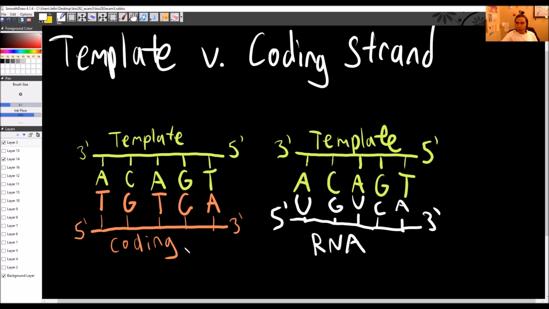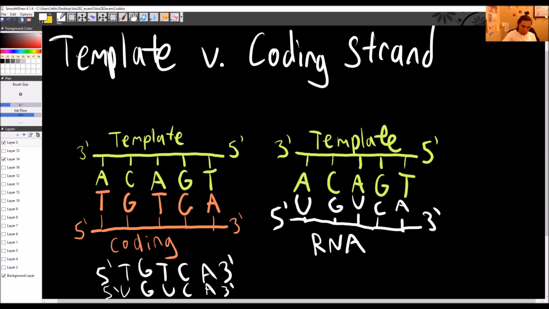But the coding strand is very useful for our problems. Let's look at the coding strand. So 5 prime, that would be T, G, T, C, A. And then our RNA would be U, G, U, C, A. What do you notice about this?